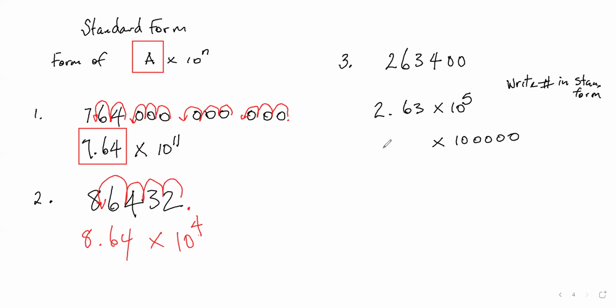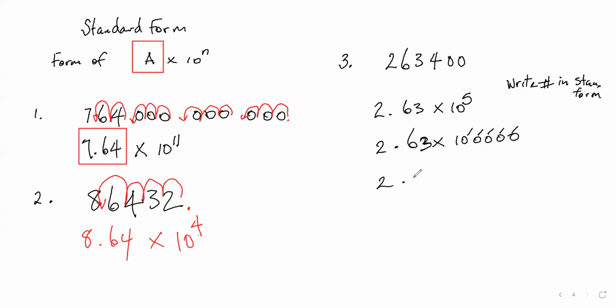All right. If I multiply 2.63, I'm moving my point 5 places: 1, 2, 3, 4, 5.